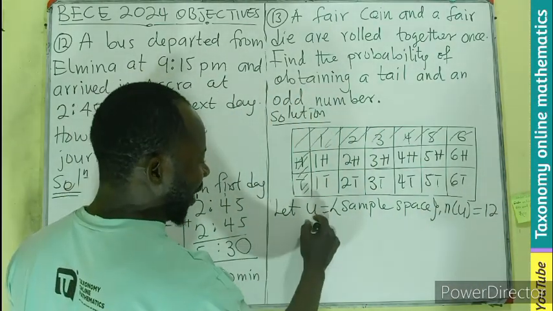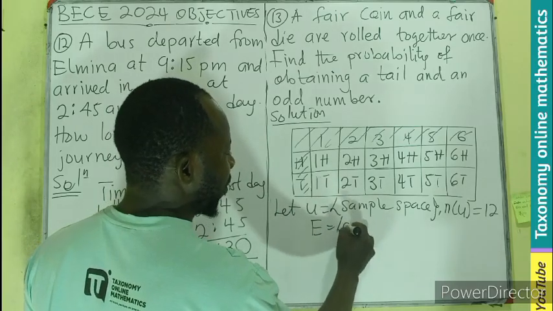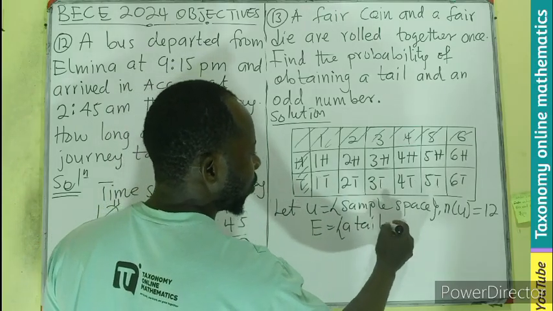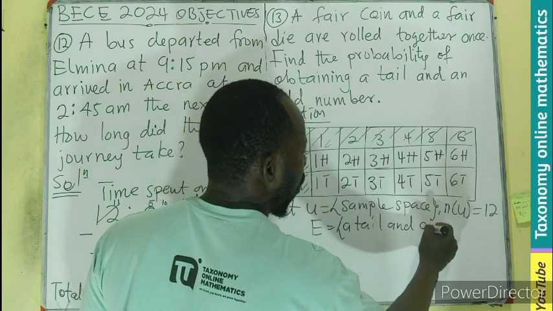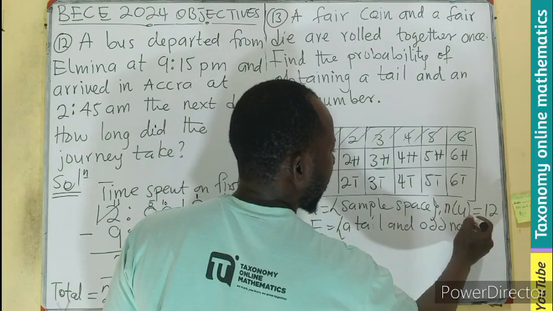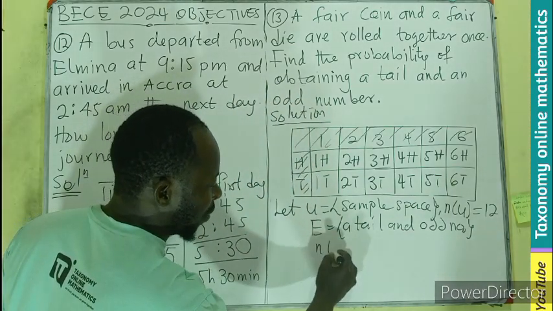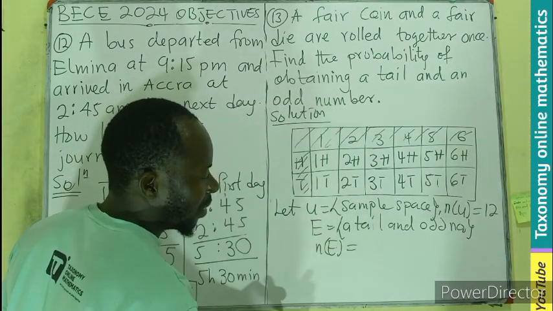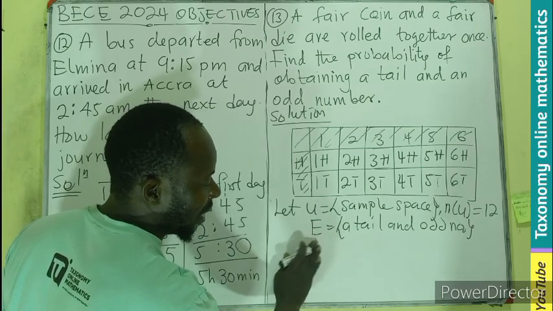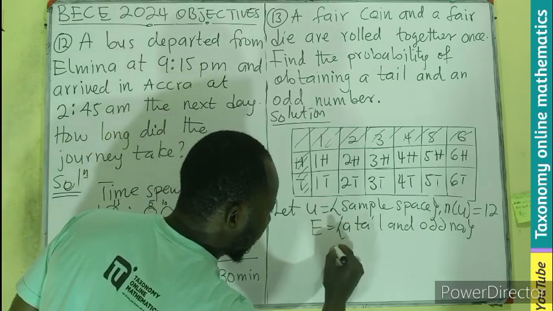Then we can also let E equal a tail and odd number. If a tail and odd number, then the number of a tail and odd number. Okay, first of all, let's indicate the sample space, the elements in there.